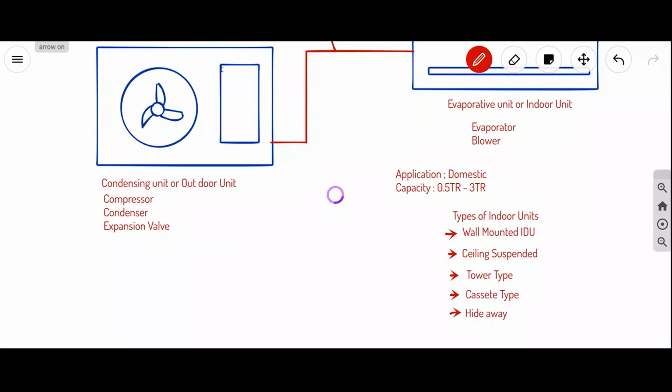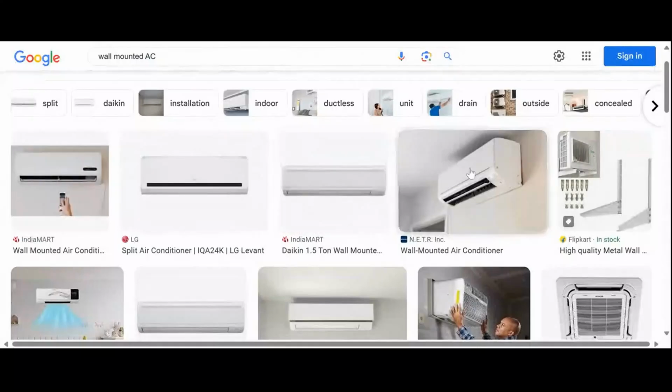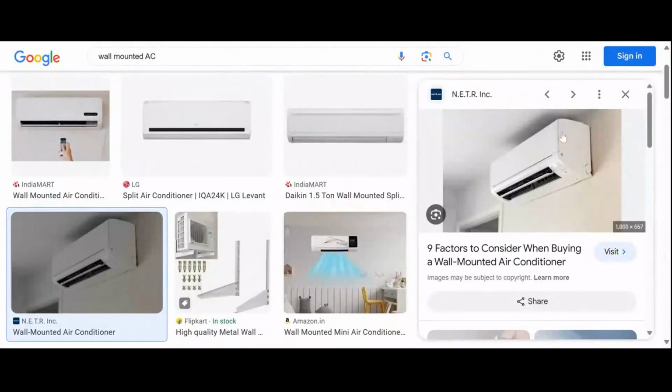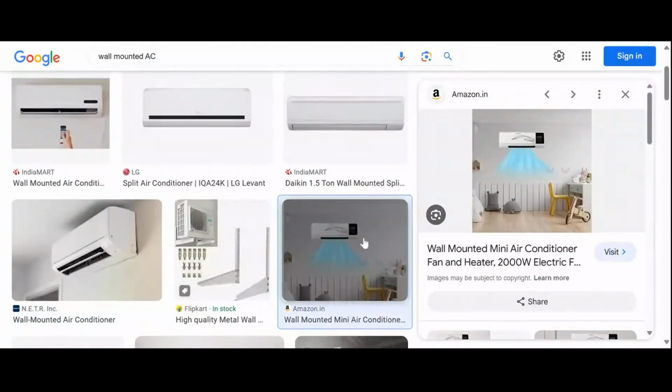So regularly हमारा घर पे wall mounted, this is wall mounted. So everyone has seen the wall mounted, right?